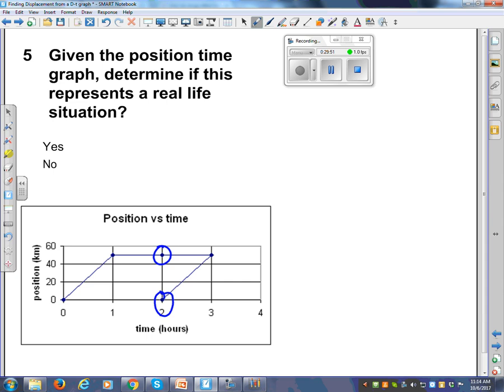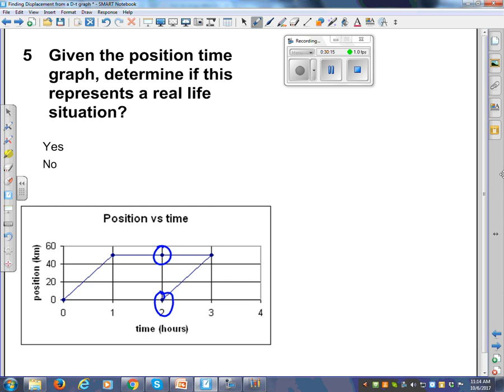Have you done the vertical line test in math yet? What does the vertical line test say, Anna? If a vertical line touches the graph more than once, then it's not a function. Okay, so in all cases, don't pack up, you guys.